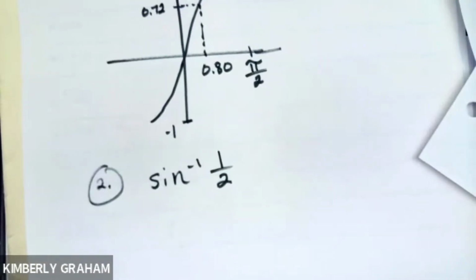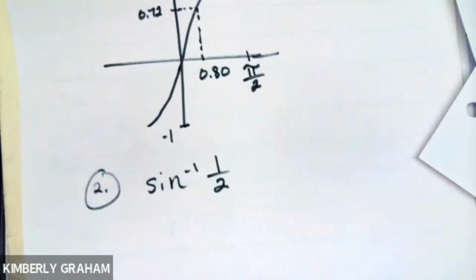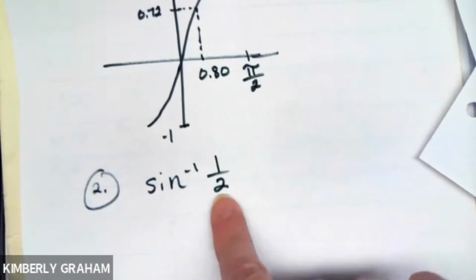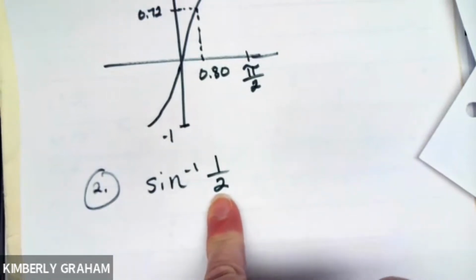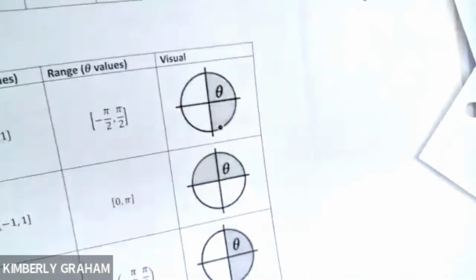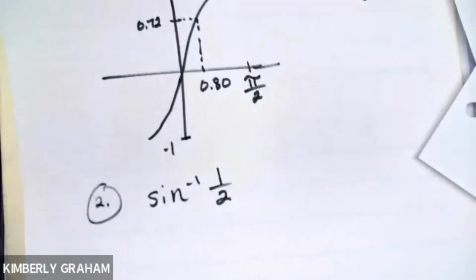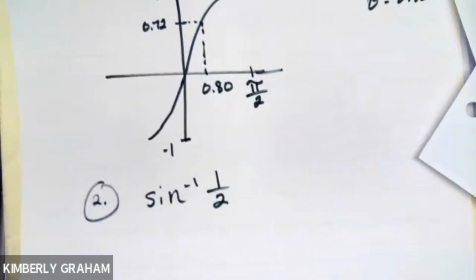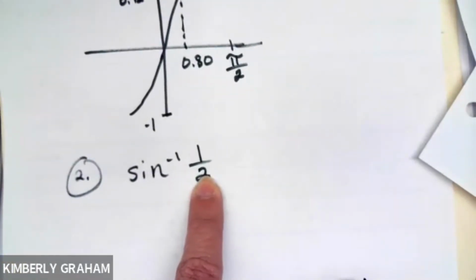On your test, you are not going to be allowed to use a calculator to do this, because I want to be sure that you understand how my original function is restricted in order for it to have an inverse. So in order for it to be 1-to-1, we have defined our restricted values to the first and fourth quadrants. So we need to know how to do this without a calculator.